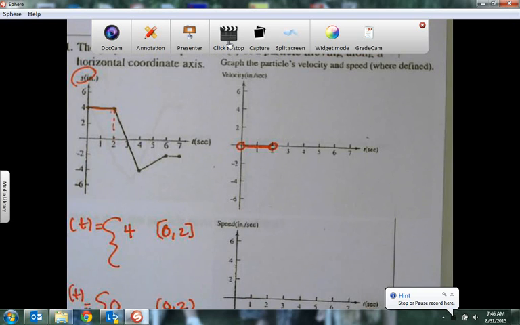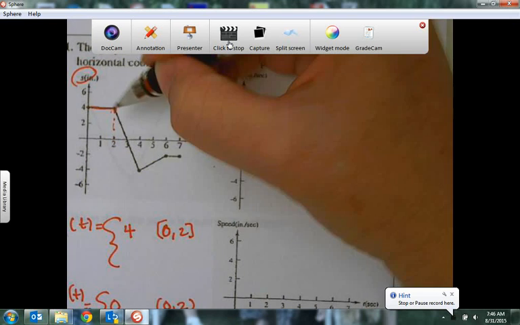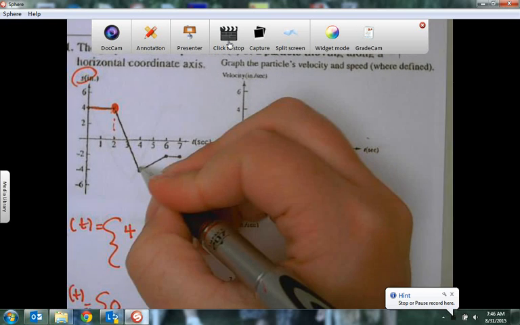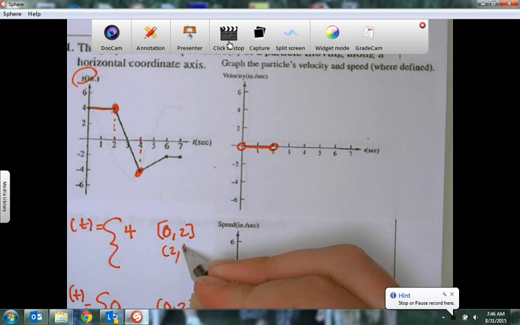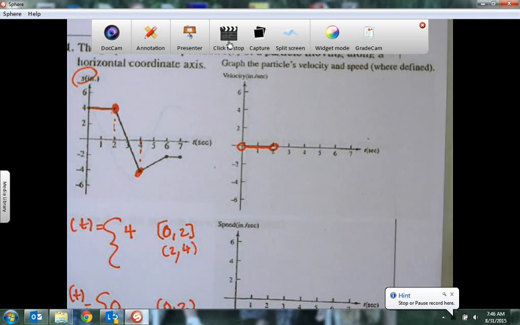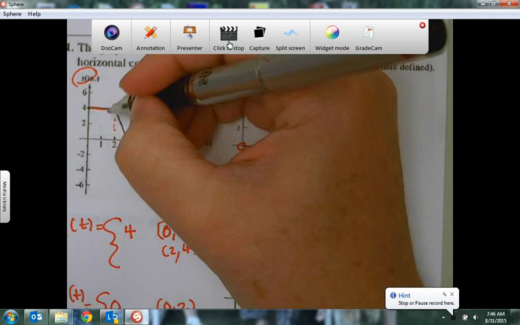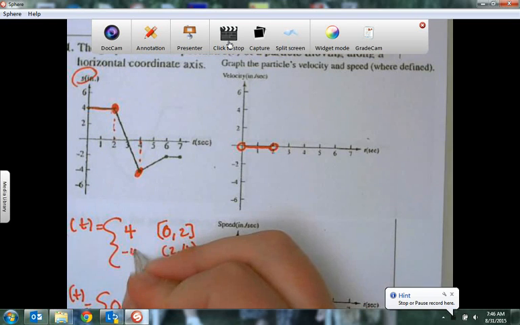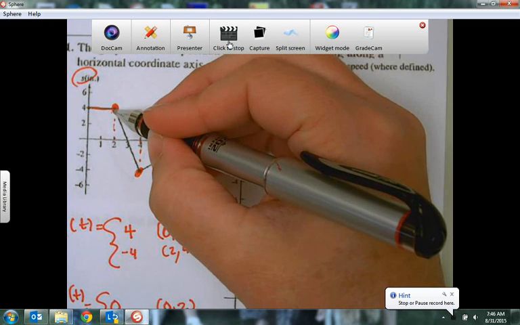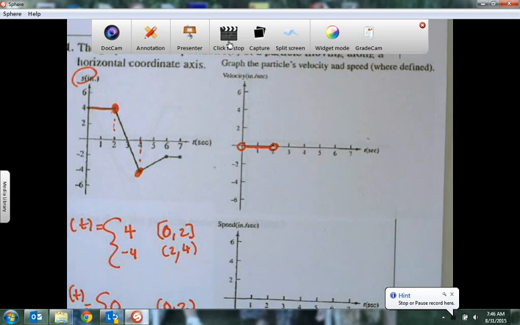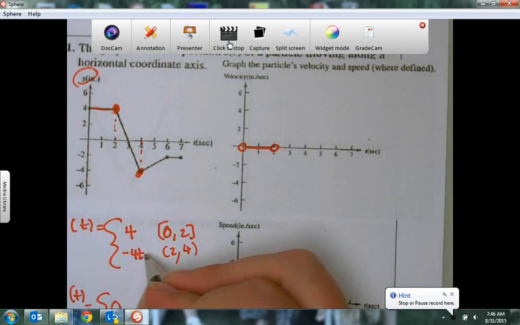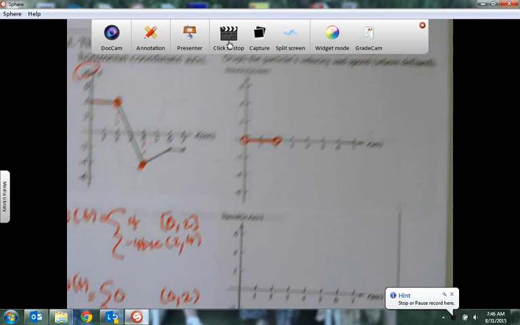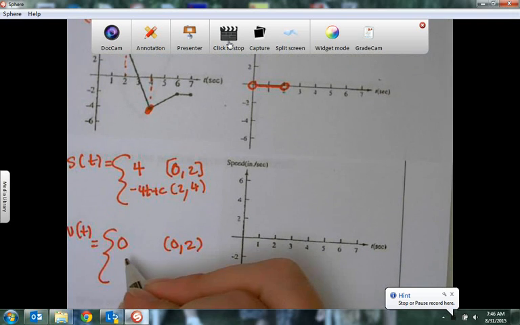Okay, from 2 until 4, I can see that I'm going to have y equals, let's see, down 4, over 1, negative 4. So negative 4t plus some constant, and if you wanted to solve for it, you can, but I'm only worried about the slope here because that is going to end up being a negative 4.